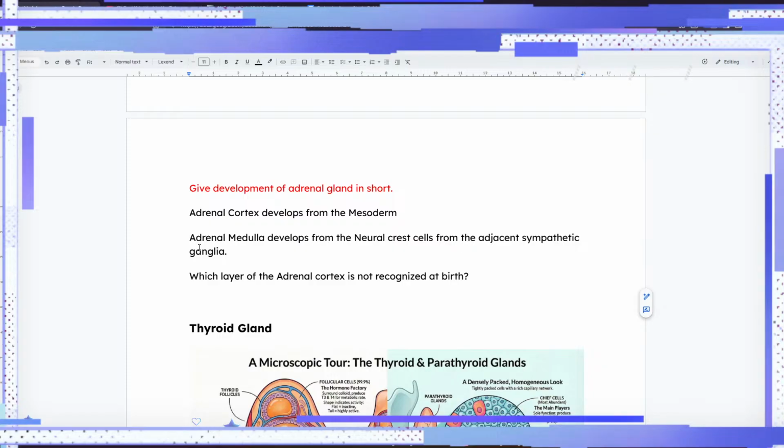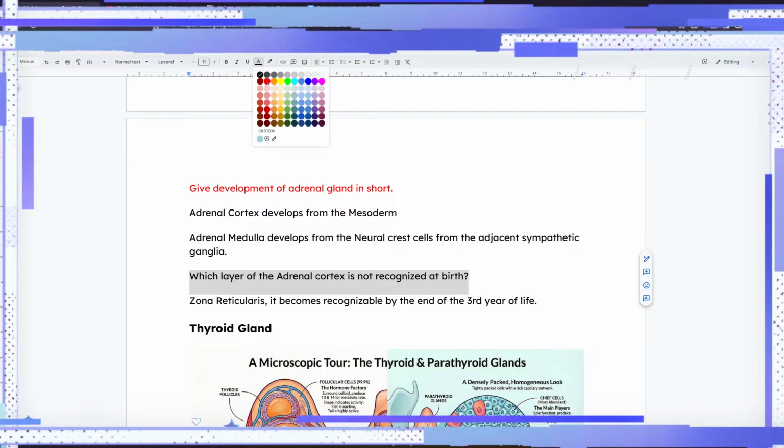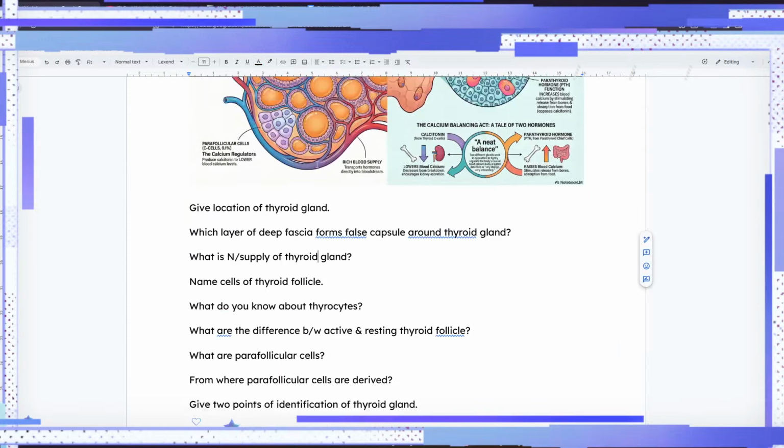Okay, which layer is not recognized at birth? Zona reticularis. The zona reticularis is not recognized.